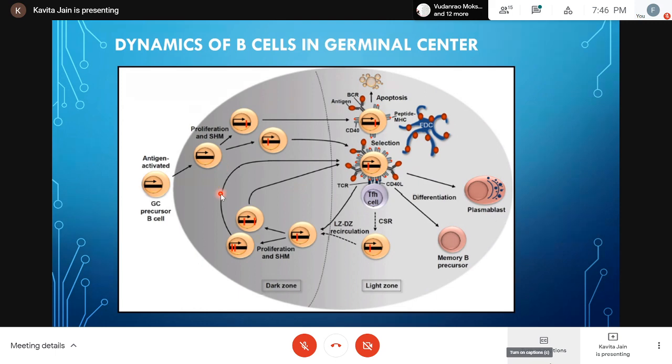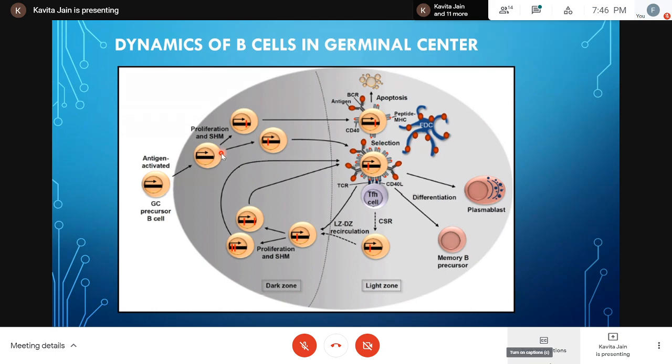When these blasts keep on dividing, they also acquire mutations by the process of somatic hypermutation in the immunoglobulin V region, where you have the antigen binding sites.